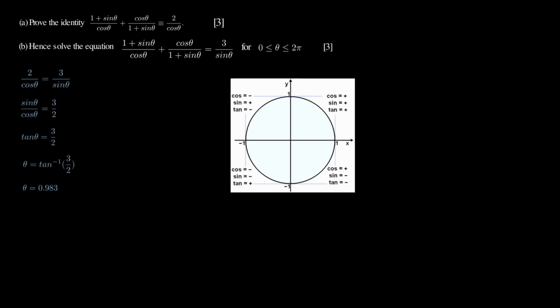So theta would equal pi plus 0.983 as our second solution, which equals 4.12, and it has the unit of radians. All in all, we have two solutions for this problem. One of them is 0.983 and the other one is 4.12. Those are going to be the final solutions of the problem.